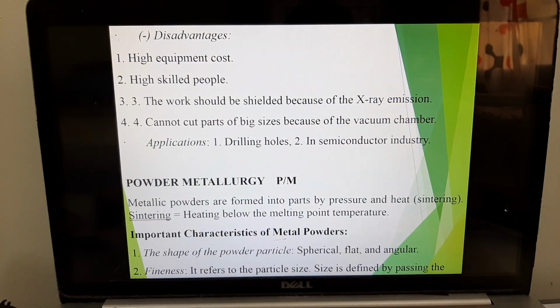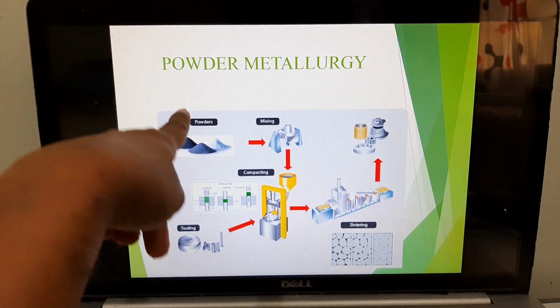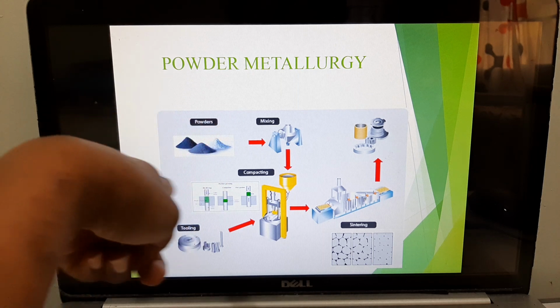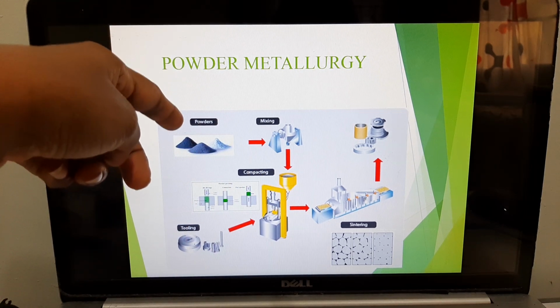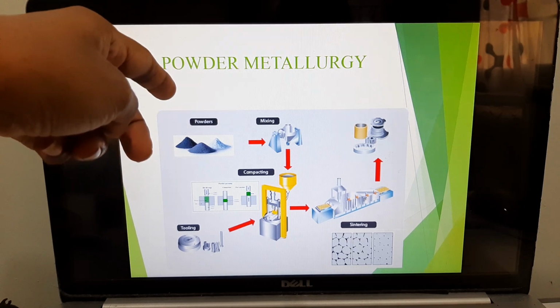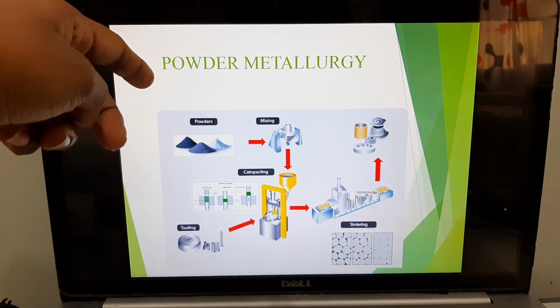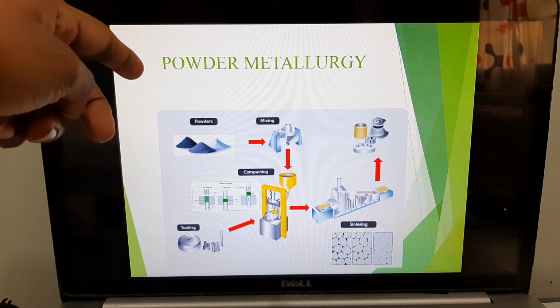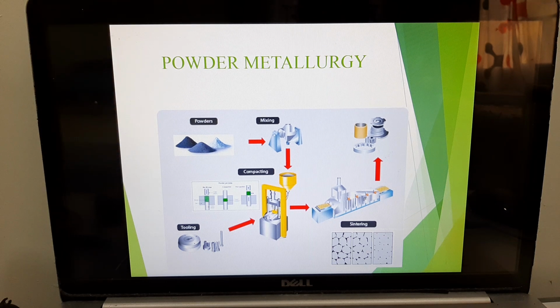So, powder metallurgy. You have your material in the form of powder. Again, we need to pour it through standard sieves, like when we did the die casting, if you remember we used the term standard sieves.